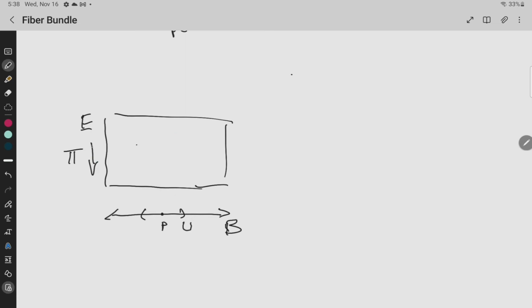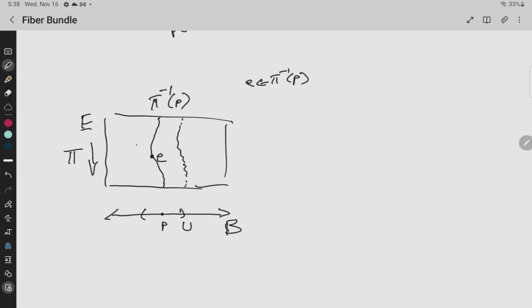The pi here is the bundle projection from the total space E onto B. What I have here over p is pi inverse of p, which gives you this line here. And on that line, there should be some element called e. So e is an element of pi inverse of p.